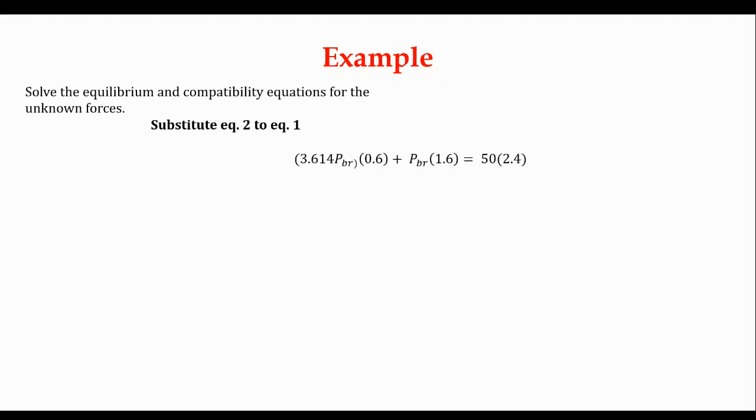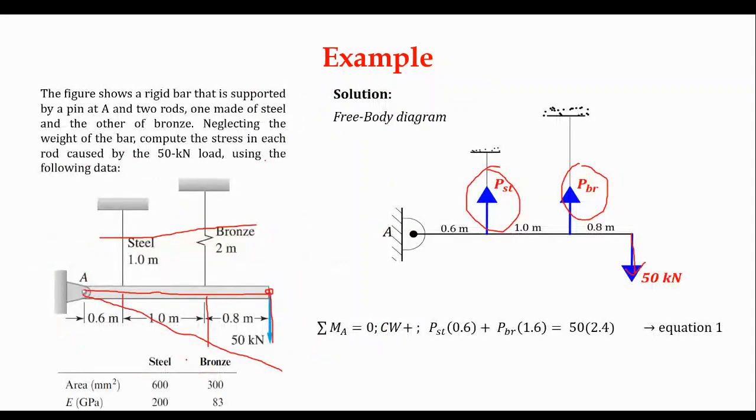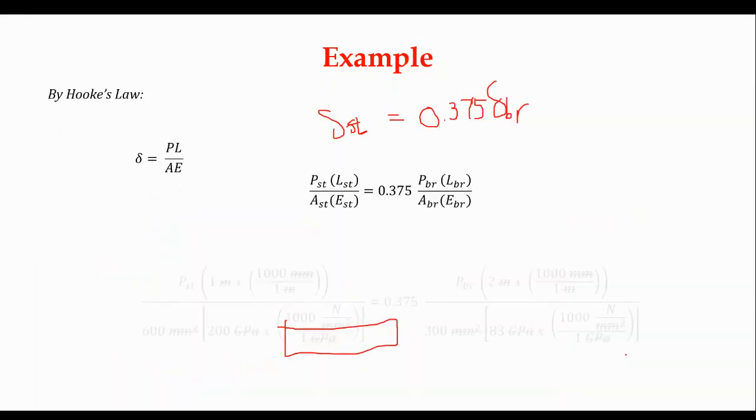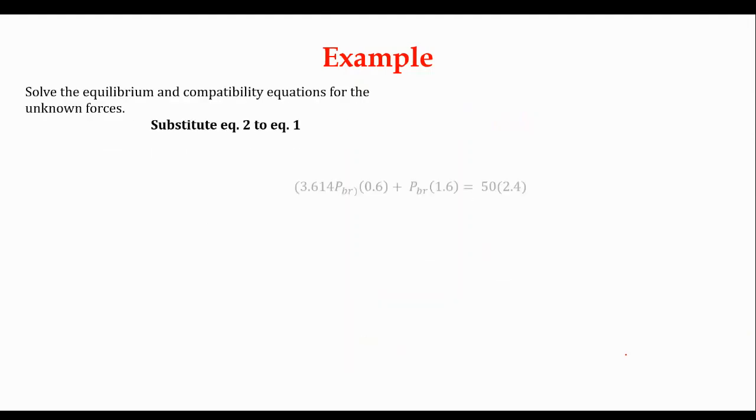Ito, di ba? Equation 1, steel and bronze siya. So, sa equation 2, ang involved sad is steel and bronze. So, substituting equation 2 to equation 1, so this is what happens. Okay, na-substitute, nakita ninyo.